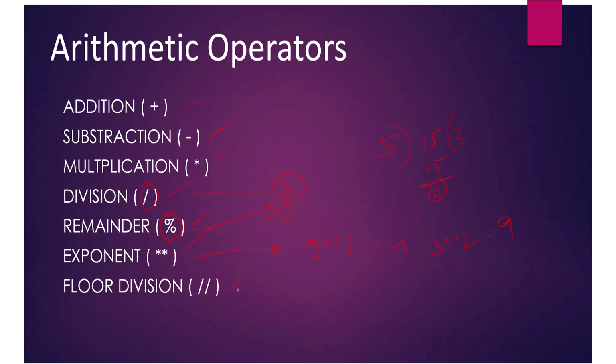And float division, what does it mean? Usually, whenever you do a division like 19 divided by 5, 5 threes are 15, and we will get 4, and then we put a point and add 0, and we get 40.